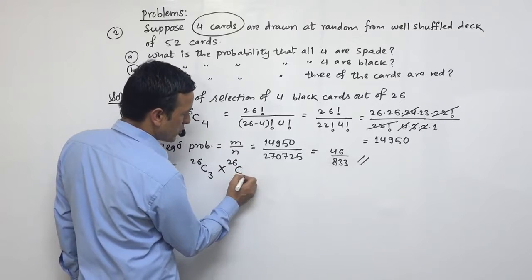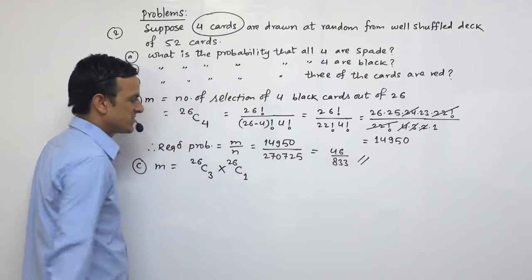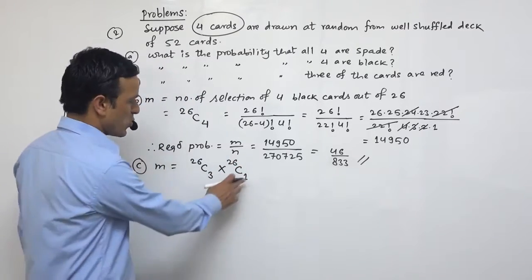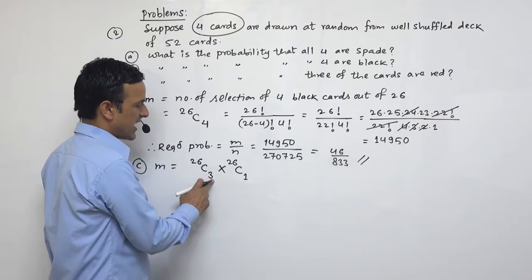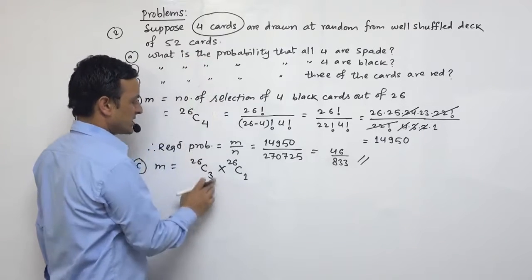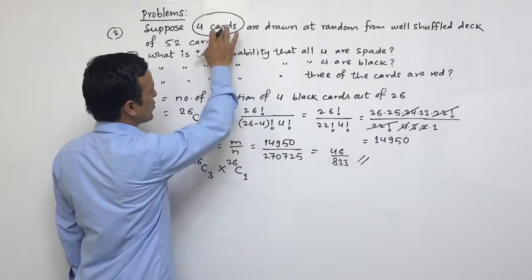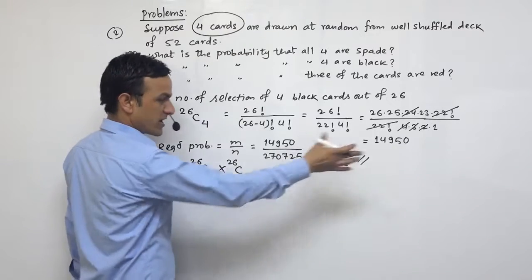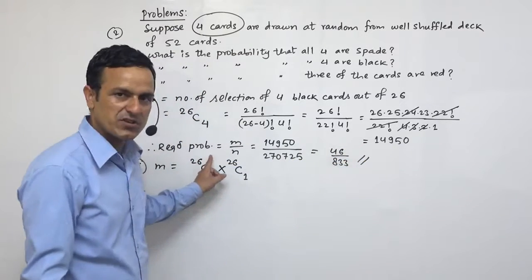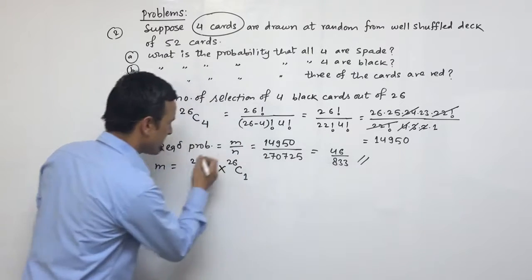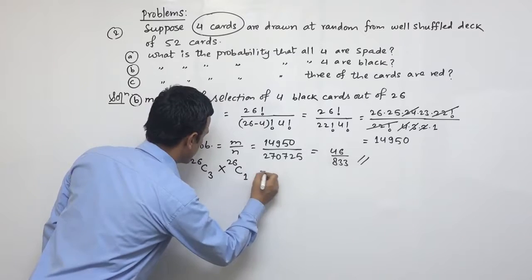But only one card should be selected out of this 26 card. 26 plus 26 is 52 cards and 3 plus 1 गर्दाखेरि 4 वटा cards. यसरी हाम्रो टर्म चाहिँ मिल्नु पर्छ. 3 plus 1 is 4 cards and 26 plus 26 means 52 cards. So if we solve it, then we get this one.